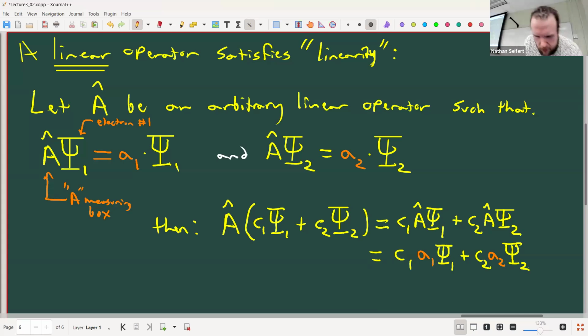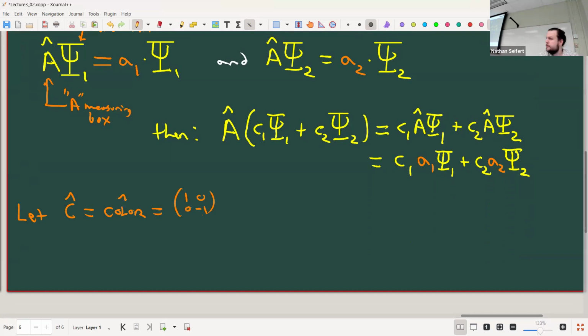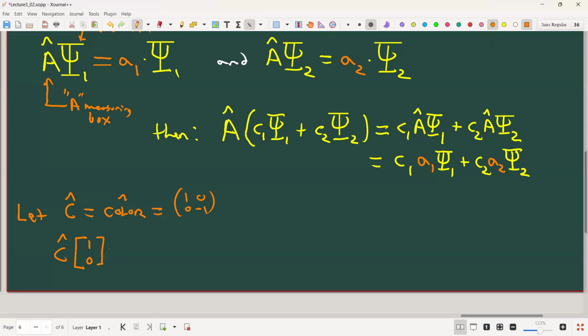Let's do a different example. Again, let's go back to our matrices. So let the C operator be the color operator, which is 1, 0, 0, minus 1. So what is C hat on 1, 0? What do we get out?